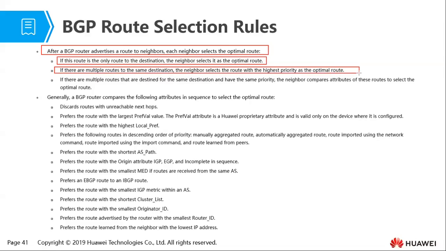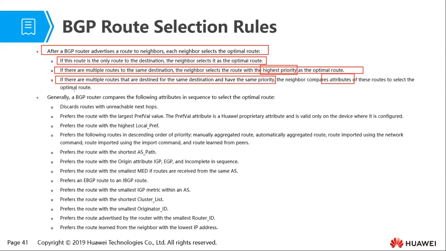Now, if there are multiple routes to the same destination, the neighbor selects the route with the highest priority as the optimal route. So these are the priorities that we want to look at. If there are multiple routes destined for the same destination and have the same priority, then the neighbor compares the BGP attributes of these routes to select the optimal route.